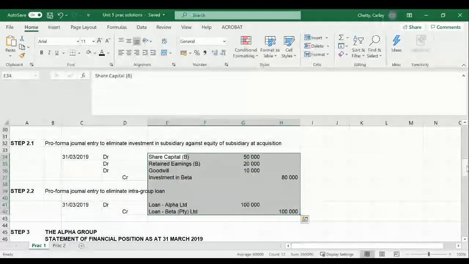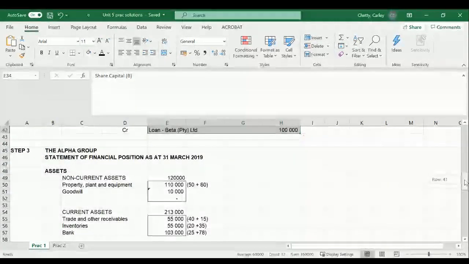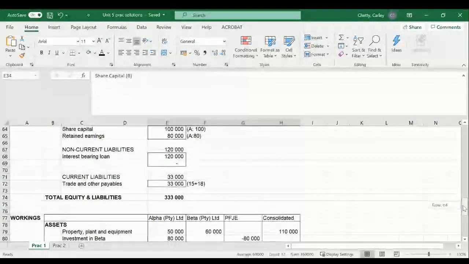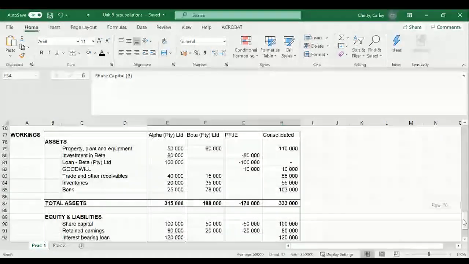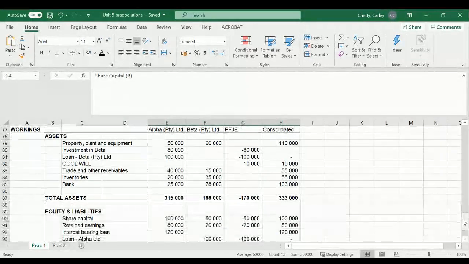So let's go into the Excel document here. Now, how are we going to prepare the consolidated financial statements? Like I said, we need to add everything in Alpha to everything in Beta. So let's go line by line through the trial balance and see what the consolidated statement of financial position will show.